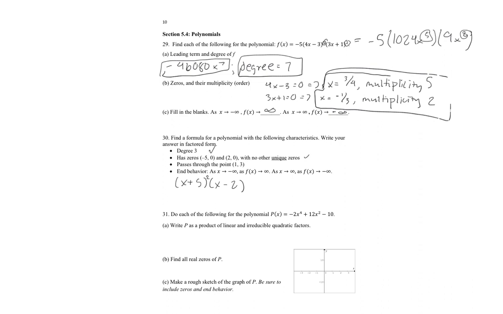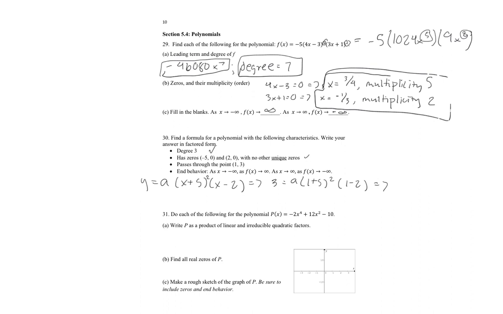I'm also going to write y equals. If it has to pass through the point (1, 3), that means we're going to have some kind of scalar multiplied with this. Then we can solve for this a, or this scalar, by plugging in that point. Just say 3 is equal to a times 1 plus 5 squared times 1 minus 2.